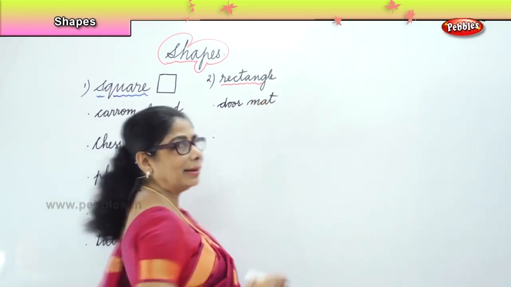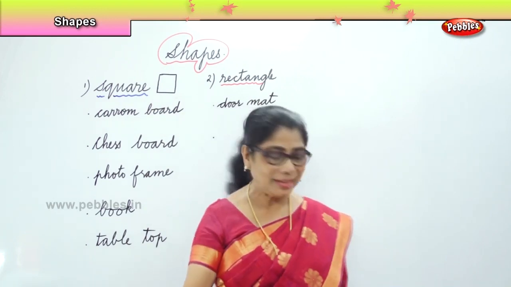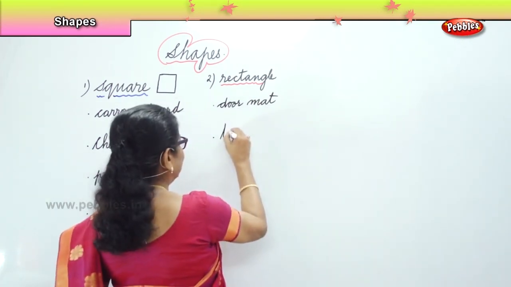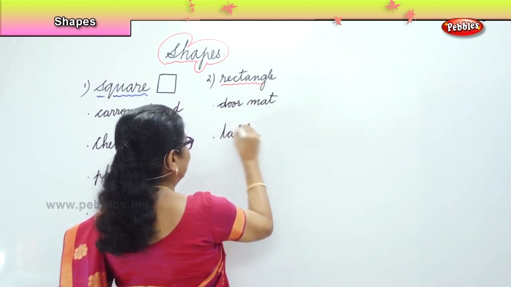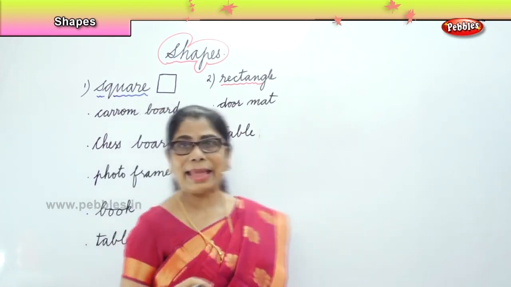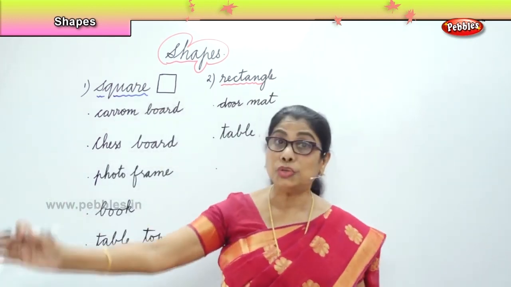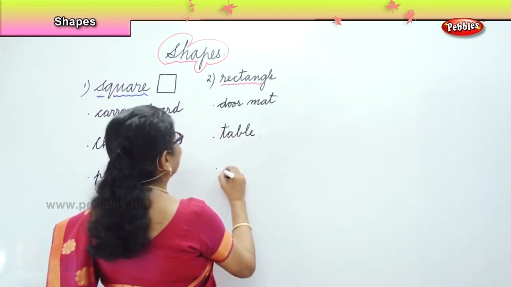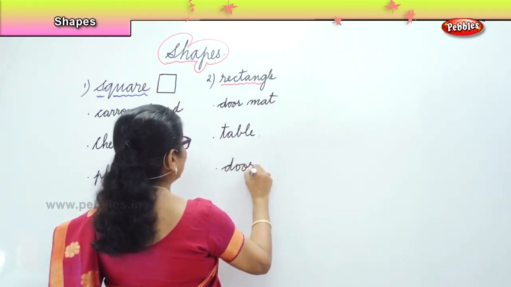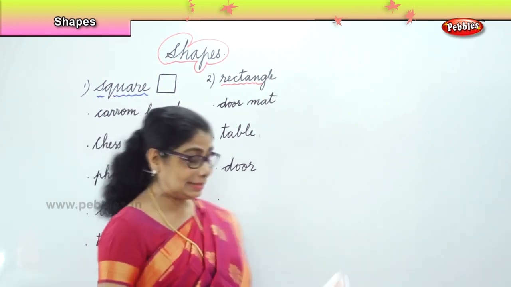Okay, another one. Look at your table itself, your tabletop. Your table, teacher's table. That is also rectangular in shape. What about your door? Your door is rectangular in shape. Then what else?